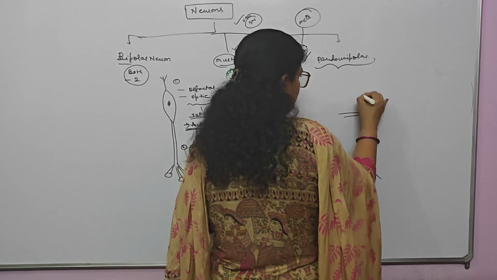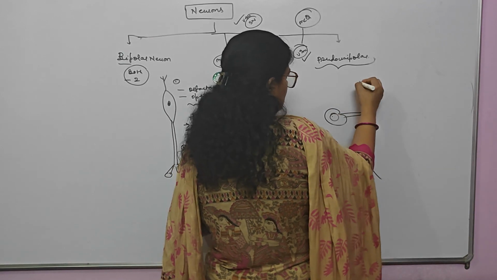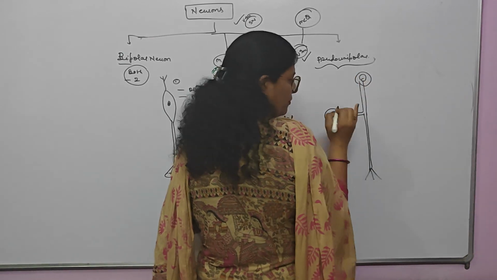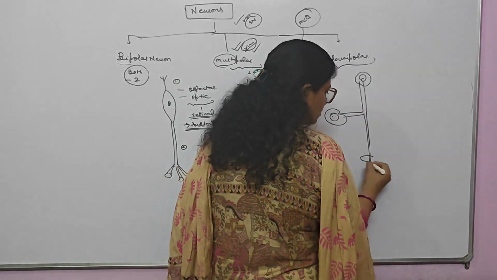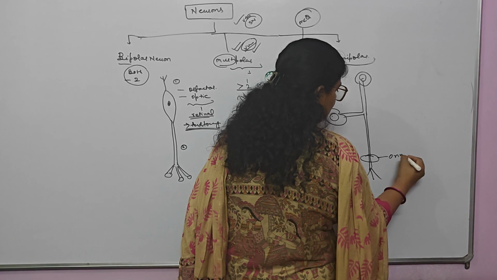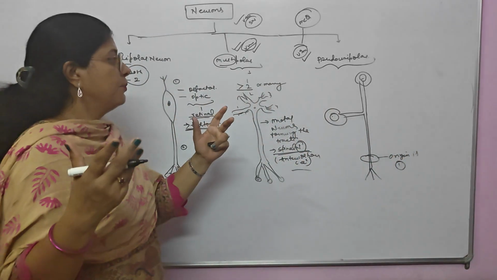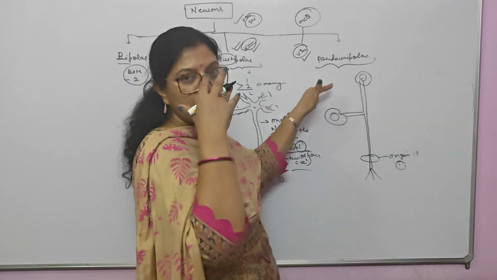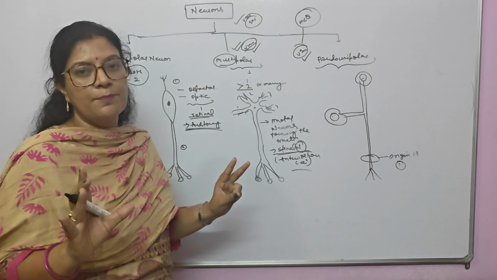One is your central process and one is your peripheral process. So it is going to divide into two processes, but the source of origin is one. Origin is one, that's why it's not bipolar. It's not actually having two processes. It is the bifurcation of a single process.